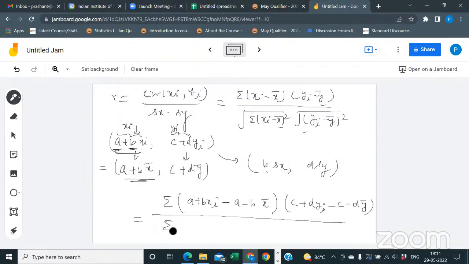Divided by the square root of summation, same things. If you do this, a will cut, b will be common, c will be cut. So you will get b times xi minus x bar. Can I write this as b in bracket xi minus x bar whole square? Yes. Similarly, can I write it as d, yi minus y bar whole square? Yes.